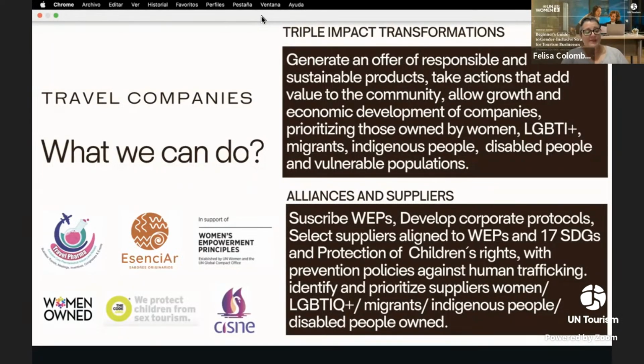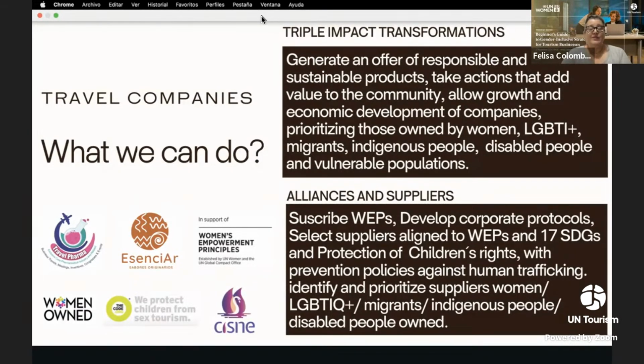The tourism sector holds immense potential to drive meaningful change. It can create more opportunities and facilitate high-impact transformations in areas such as economy, social development, and environmental care.